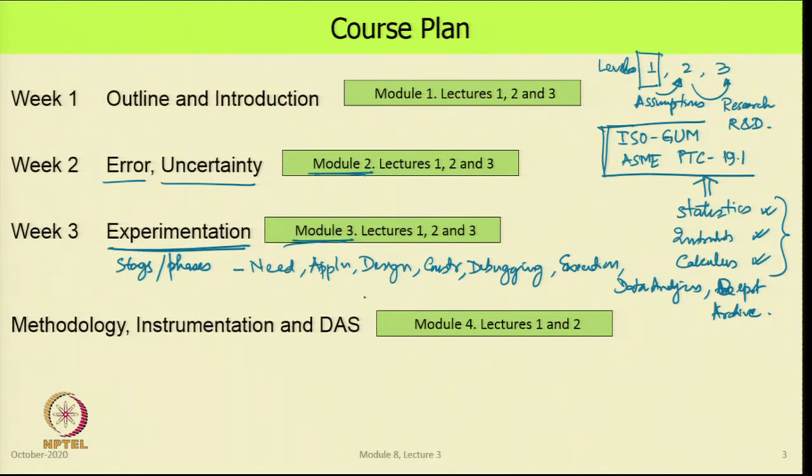And in between these, there are times when we go back and forth to iterate depending on the difficulties that we face. The important thing here was that what we classically know as go and take data and write a report, that is execution with some data analysis and some report writing, is only a very small part of the larger process by which one does experiments.